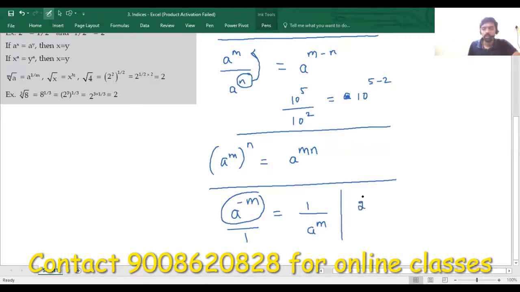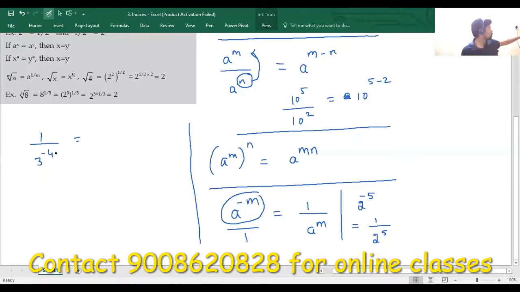For example, 2 to the power minus 5. So guys, please try this. 2 to the power minus 5 can be written as 1 upon 2 to the power plus 5. Next, 1 upon 3 to the power minus 4. Now the exponent is negative, correct?